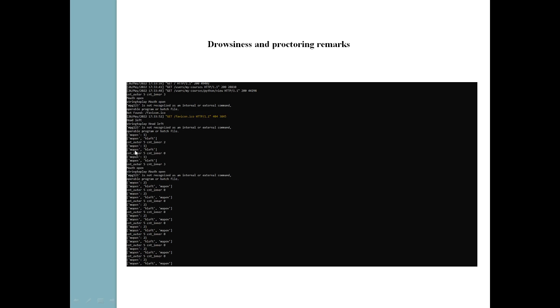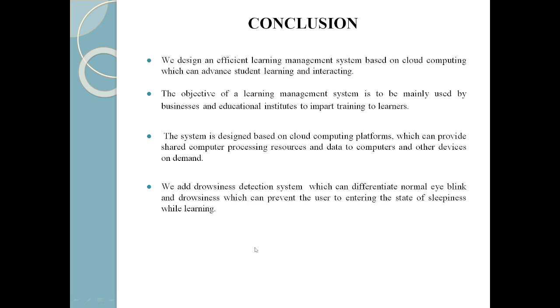H left is head left, and there are certain commands like these. M open, when you are yawning, it will predict how the student is performing or how the student is watching the videos and how they are showing gestures in front of the camera, and it will count each and every time. It will count to 10, and after that it will end the video eventually.